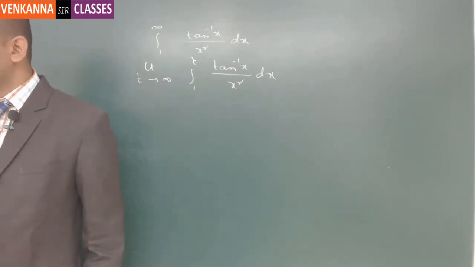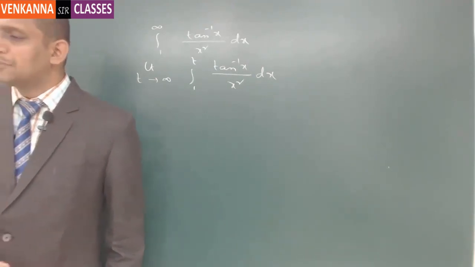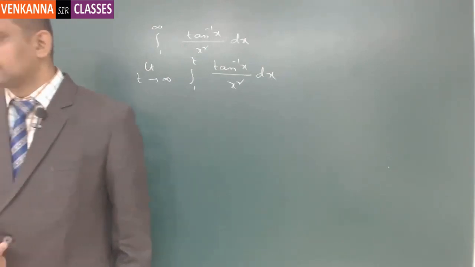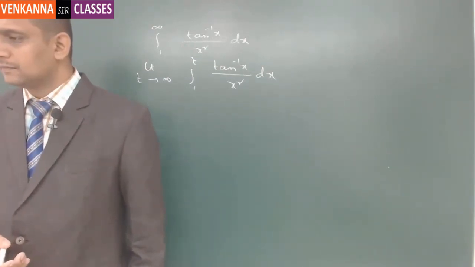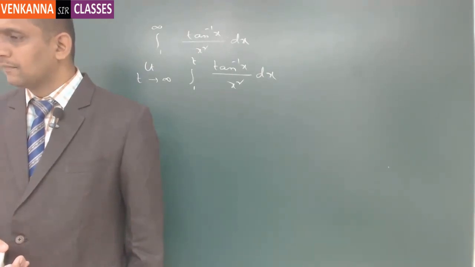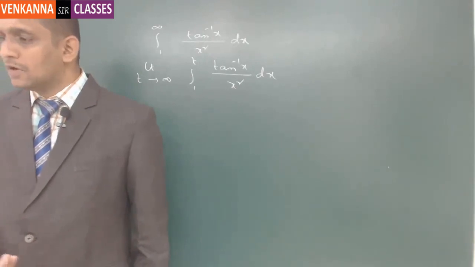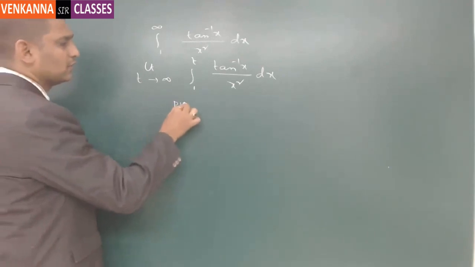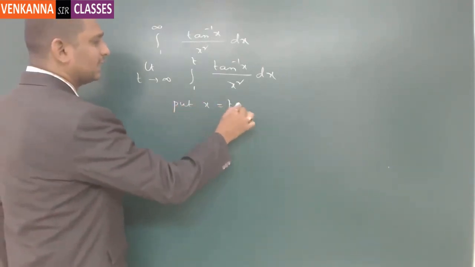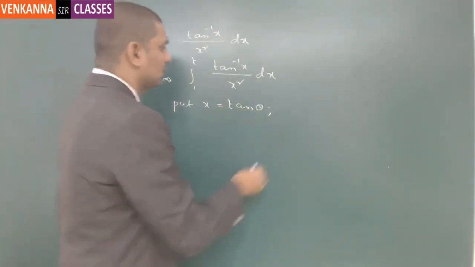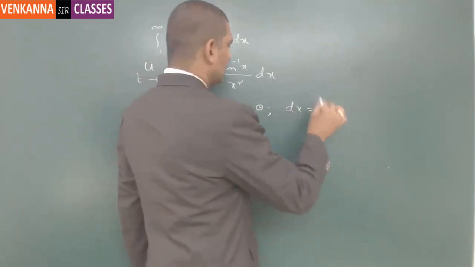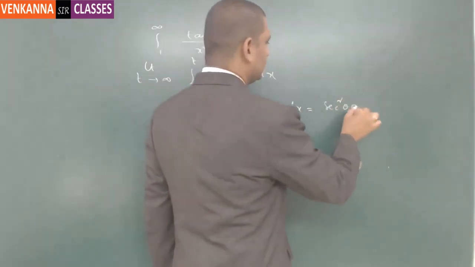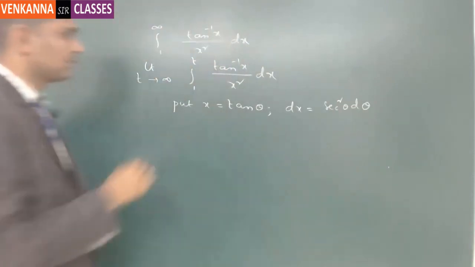Apart from this, can we do any substitution method? So I want to say here that you can choose the part as you put x is equal to tan theta, then dx is equal to secant square theta d theta. That you can do.